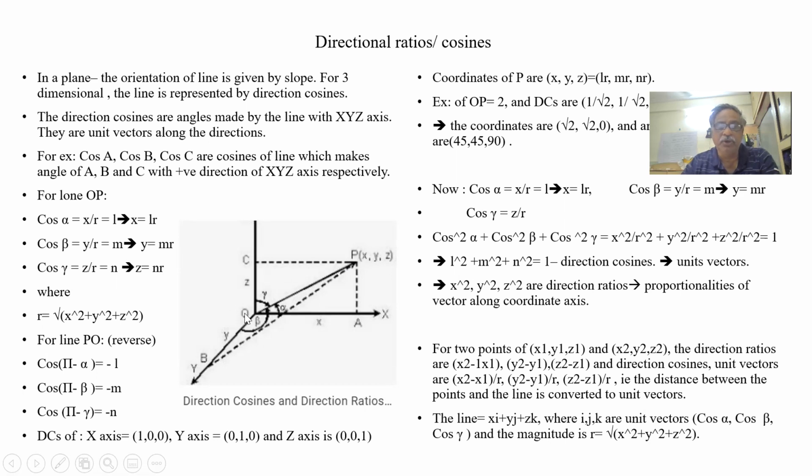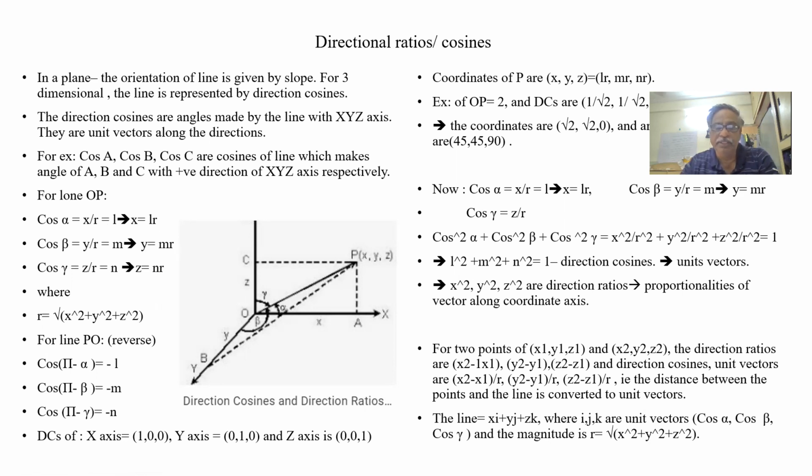These unit vectors we call L, M, N. So x by r is cos alpha, and cos alpha is L. So x is equal to r into L, y is equal to r into m, z is equal to r into n. With the unit vector, if I multiply by r, I get the total length of the line.